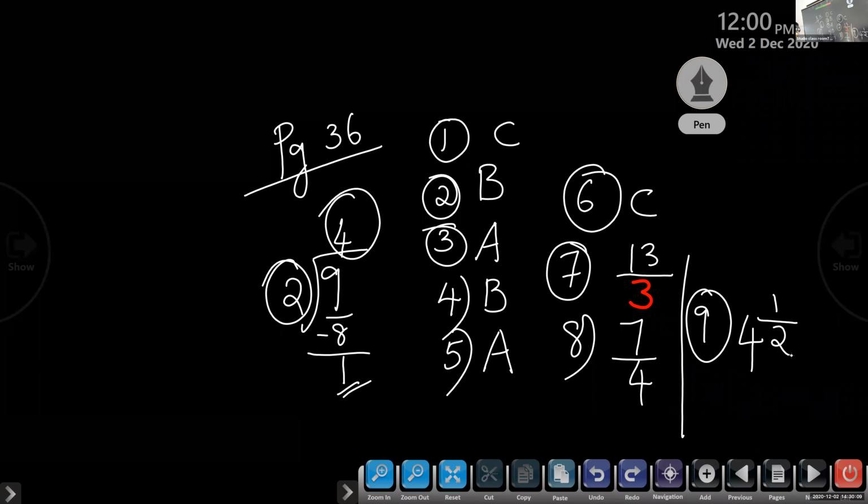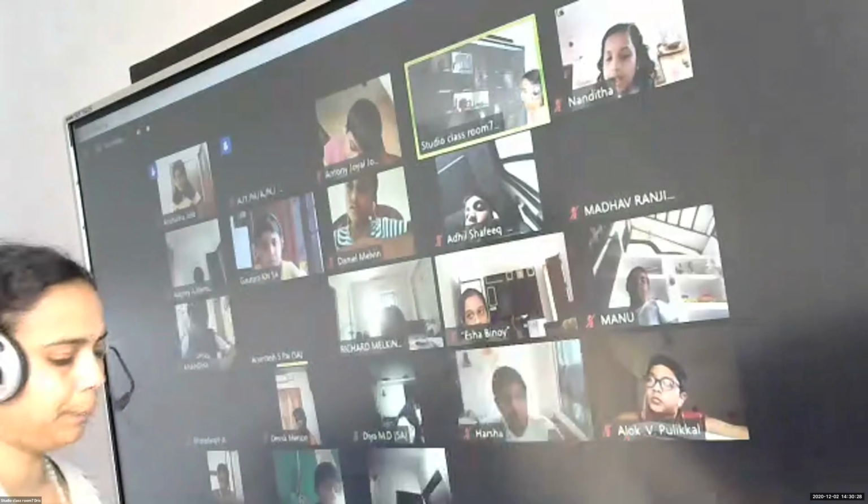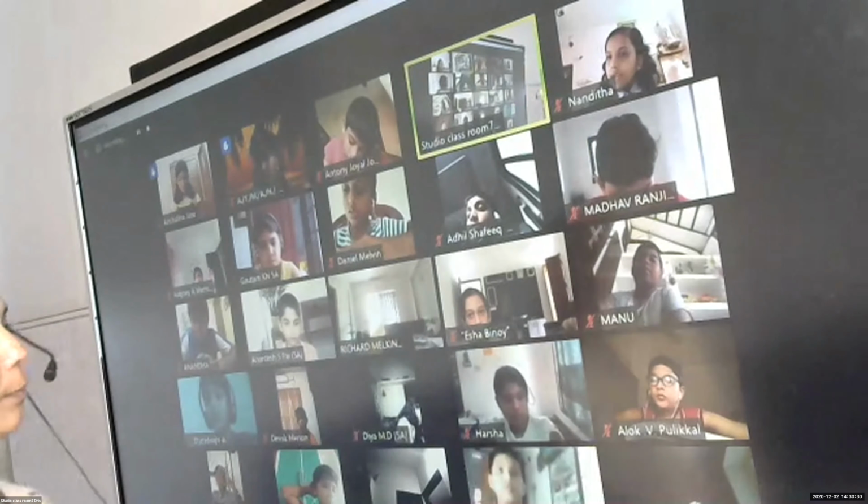Finished? Yes, Anadesh, read next question. Question number 10. Yes, ma'am. Solve 1 1 by 4 plus 2 1 by 4. Okay. So children, to add these mixed fractions, what we have to do first? First, we have to make into improper. You know how to make improper?